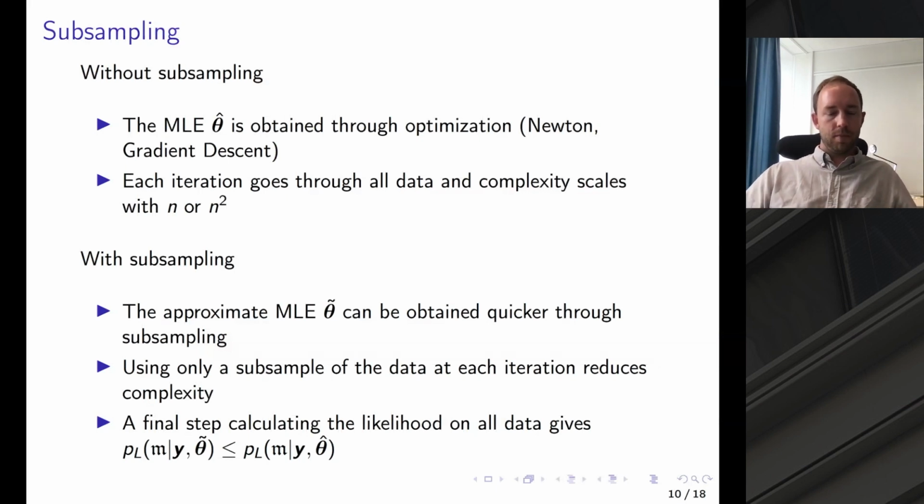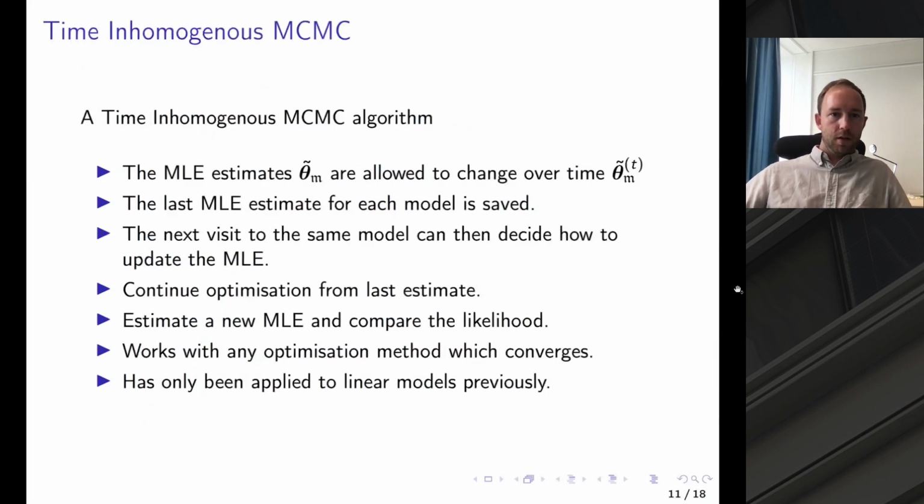After obtaining this approximate MLE, we can do a final step calculating the likelihood of this model using all the data. That makes sure that this estimate is always going to be smaller than the estimate of the exact MLE. And this is going to be important later when we look at how TI MCMC works.